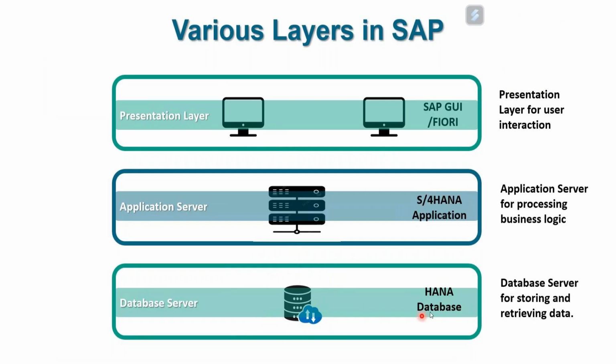This has a software called HANA. This server or this computer is only running the HANA software. So you have a computer running the S4HANA software, you have a computer running the HANA software. And then, like you and me, we have our laptops and our desktops and our mobile devices where we have SAP GUI and Fiori. This is where we work.